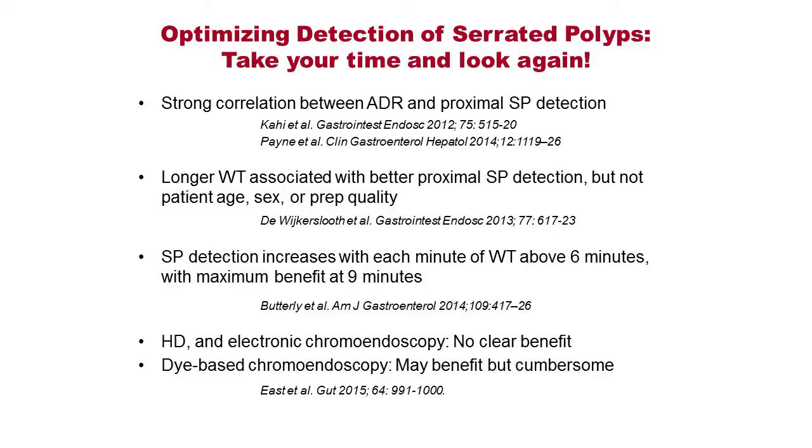But from what we know, high definition and electronic chromoendoscopy don't afford a clear benefit as far as detection is concerned. Dye-based chromoendoscopy, spraying the mucosa with indigo carmine, may benefit. However, it's quite cumbersome and is unlikely to gain traction specifically for this outcome in mind.